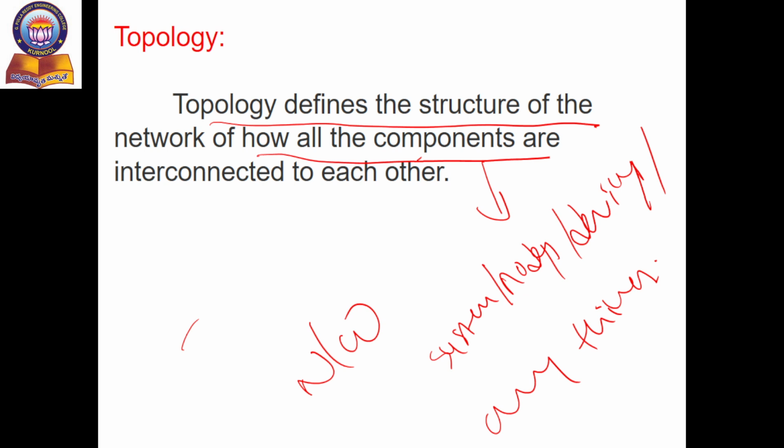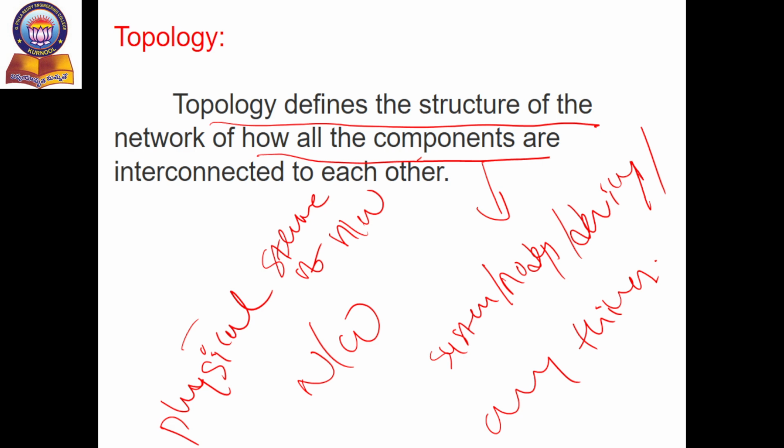So this defines topology, and simply put, topology refers to the physical structure of the network. It's not a textbook definition, it's my own. Topology refers to the physical structure of a network, how the network seems to be.